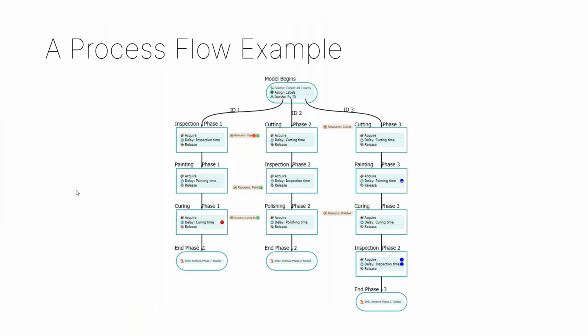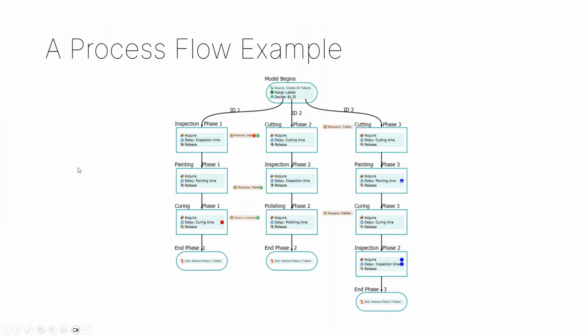Process flow, again, this is the granular way of doing things. So if I go back to the idea of painting the hood for a truck, it could be the incoming hood is inspected. Well, what happens? Well, when the hood gets to inspection, we have to get a hold of an inspector. Okay. And then it's going to take some time. And when the inspector's done, then it can go to painting.